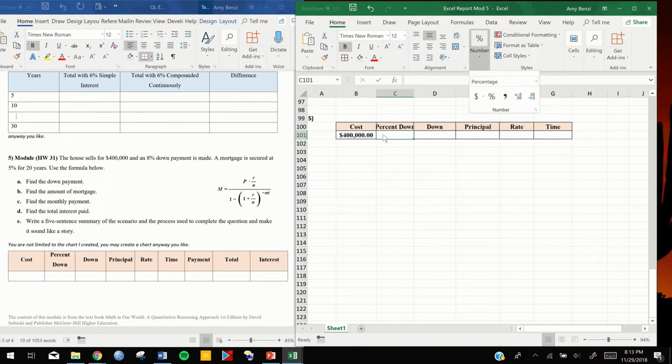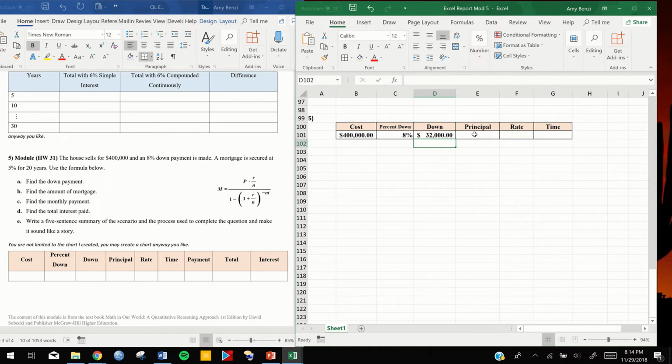All right, this is a percent down, was 8%. So now what was the amount down? That's what it's asking. And the amount down is 8% of 400,000.